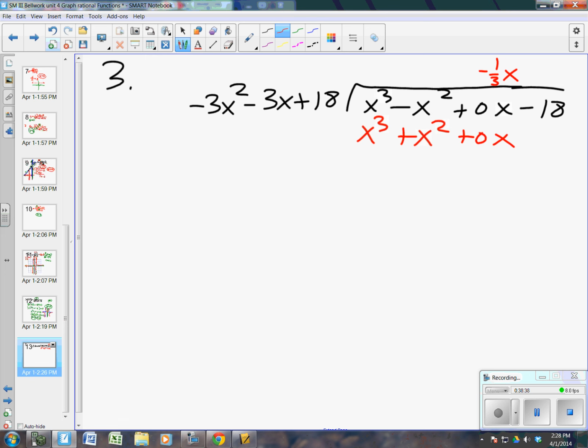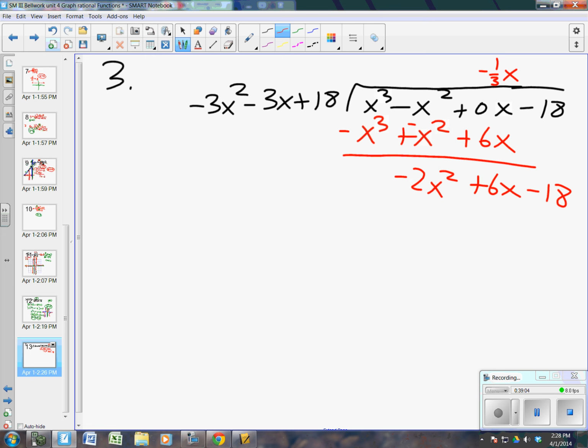Negative 1/3 x times 18 is negative 6x. Okay, so I'm going to change the signs and add. So that's negative, negative, positive. That adds up to negative 2x squared plus 6x. Bring down the negative 18.